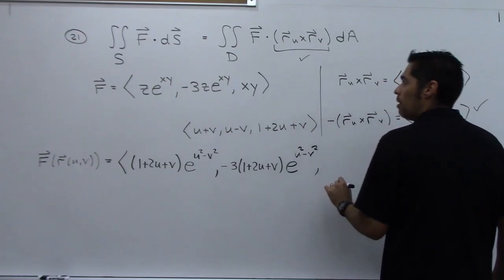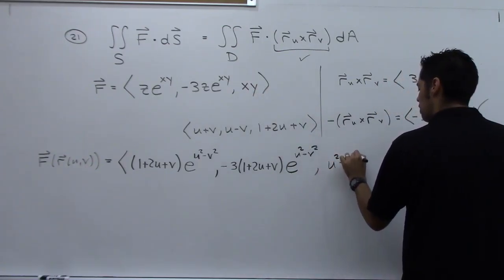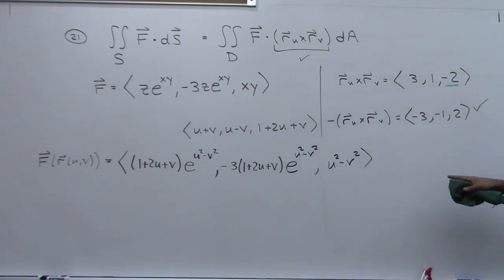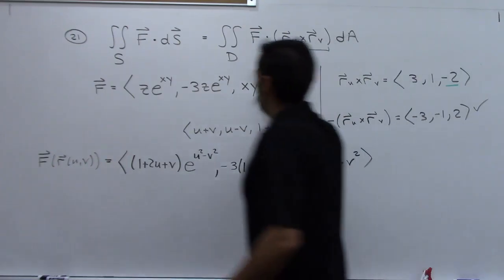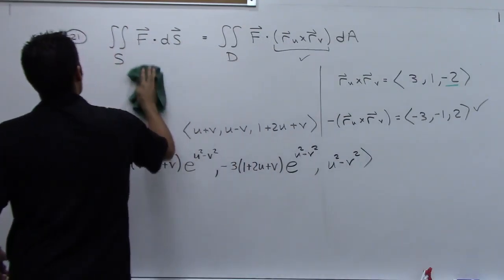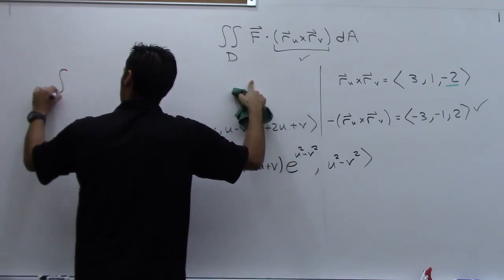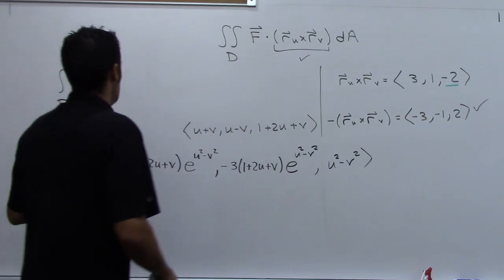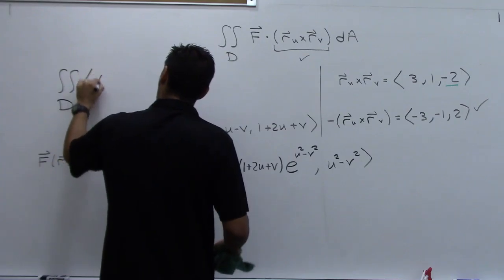The last part is x times y, which again is u squared minus v squared. I've got to take that and dot it with this. Now I think I'm ready to set up this double integral. So I have the double integral over the region D, where D is my restrictions on u and v, of F evaluated at the surface, which is this.